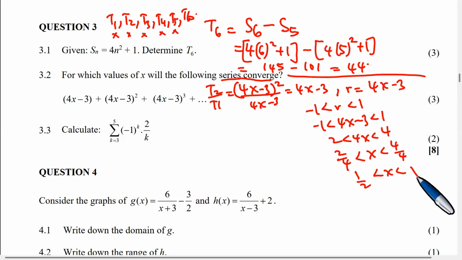But obviously, we need to understand that we also have a restriction, because we are dividing to get the common ratio.